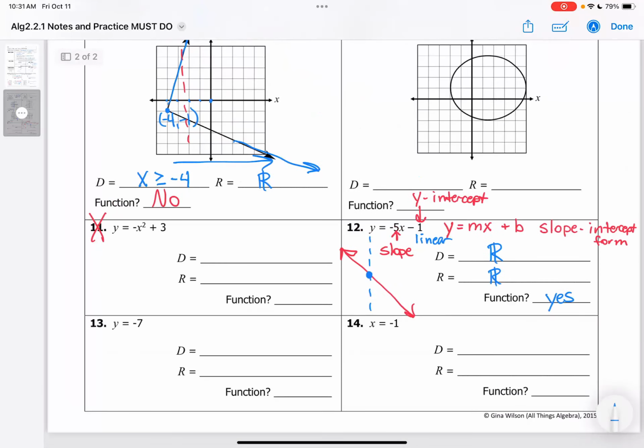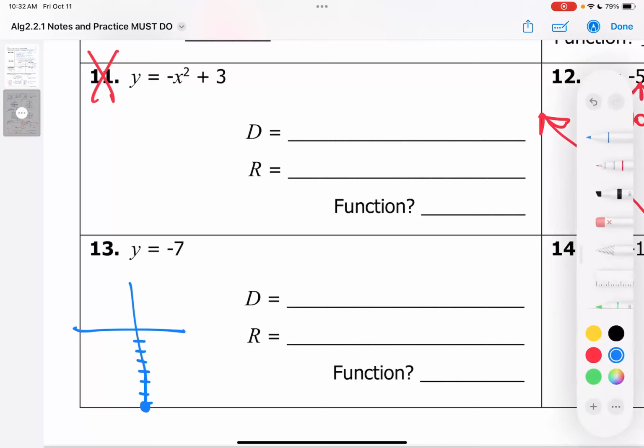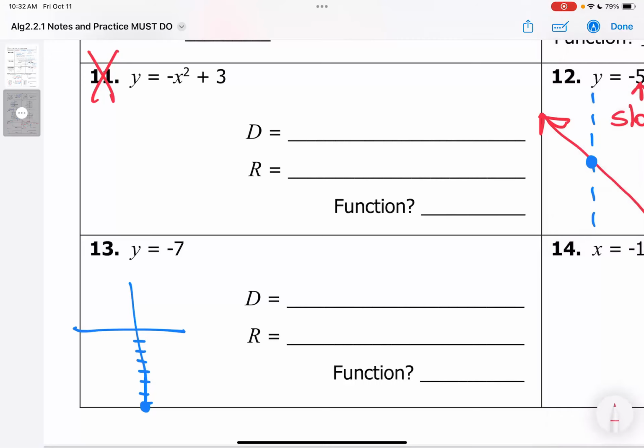Then if we were to graph y equals -7, thinking about what that looks like, you'd have a y value, no x's, so the x is 0. Your y is 1, 2, 3, 4, 5, 6, 7. So there's -7. And when you graph that, it is just simply the line that goes through this way.